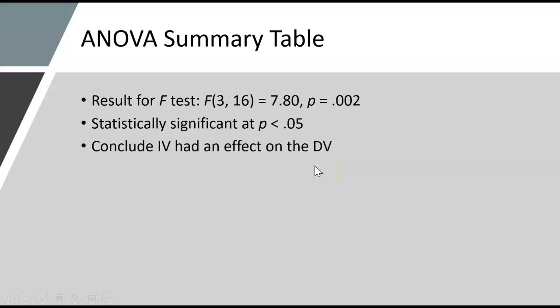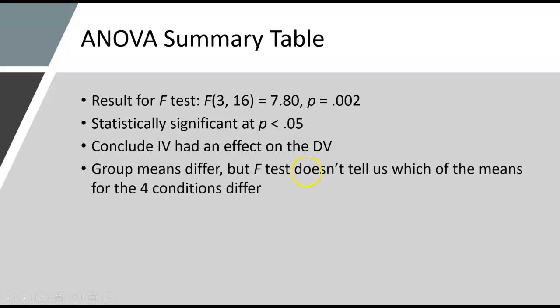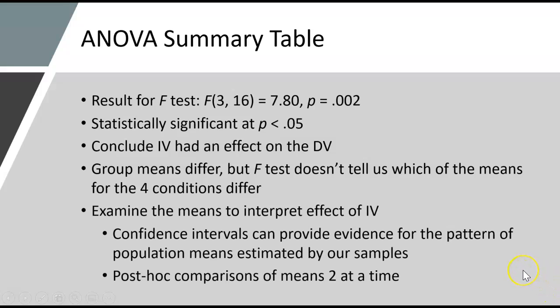You can conclude that there is an effect for the IV on the DV. Now you have to explain where that effect is. So all we know based on this summary table is that there is a difference among the means, but the F test doesn't tell us which of the means differ. To figure that out, we have to take more steps.